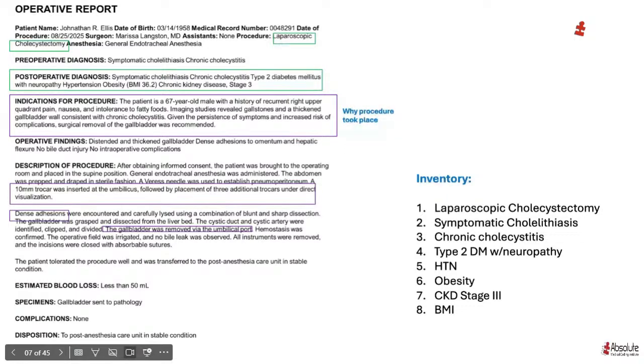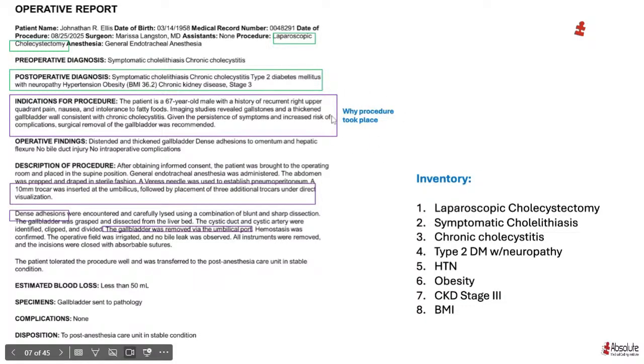And why do I do this? Because you could get caught up when you're coding. It's very easy to forget that this is a laparoscopic procedure, and maybe accidentally code a non-laparoscopic procedure. It's very easy to do that. There's a lot of words here, and it could happen.